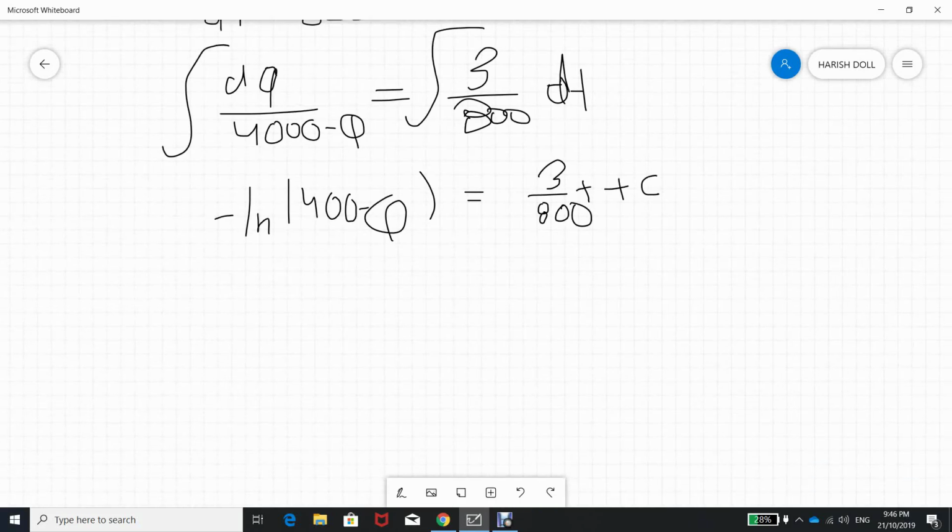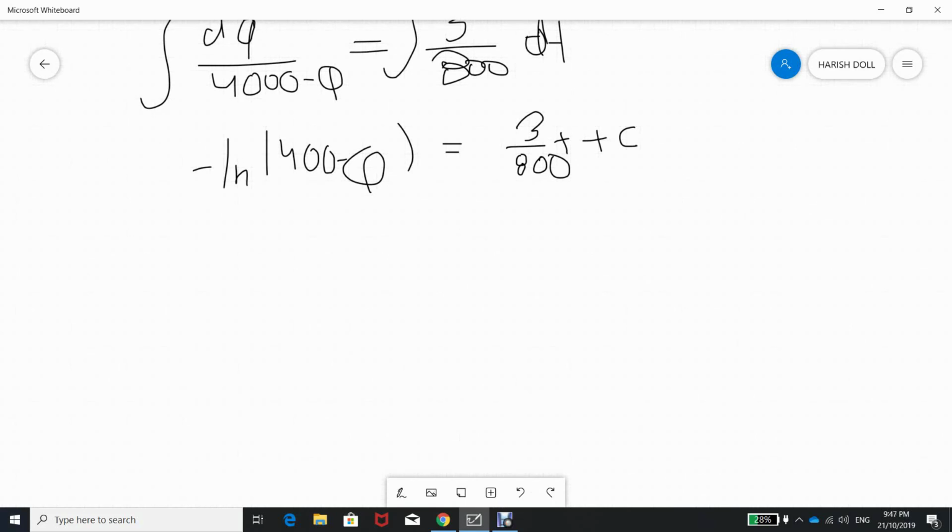And then we can just find the exponents of each term.